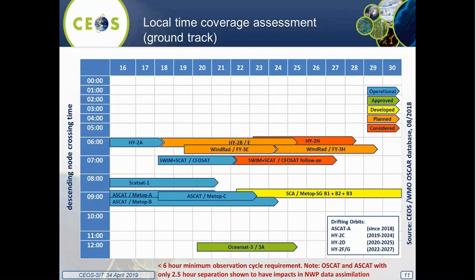And that will be in the morning and in the evening. We found that adding OSCAT data to ASCAT data in, for instance, the ECMWF model and the Météo-France model made more or less independent impacts on the quality of the forecasts. So we know that even if the satellites are only separated by 2.5 hours, they will already be very productive in terms of improving the forecasts.